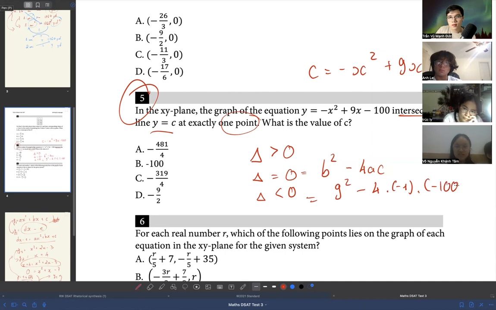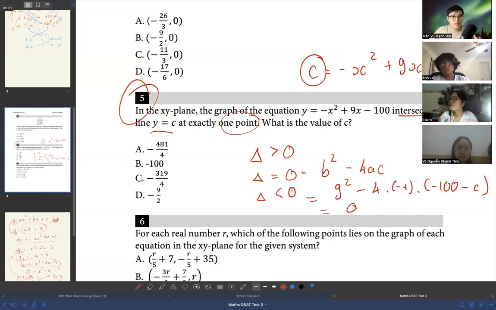What else? You missed this. Minus c. Exactly, minus c. So you have this equals 0.